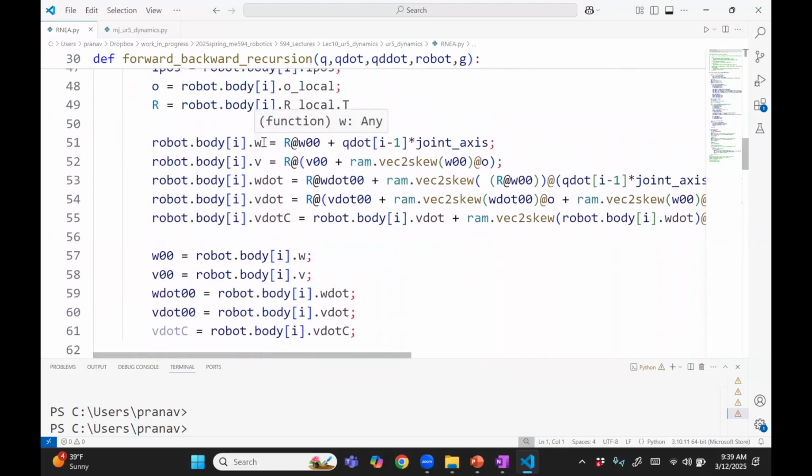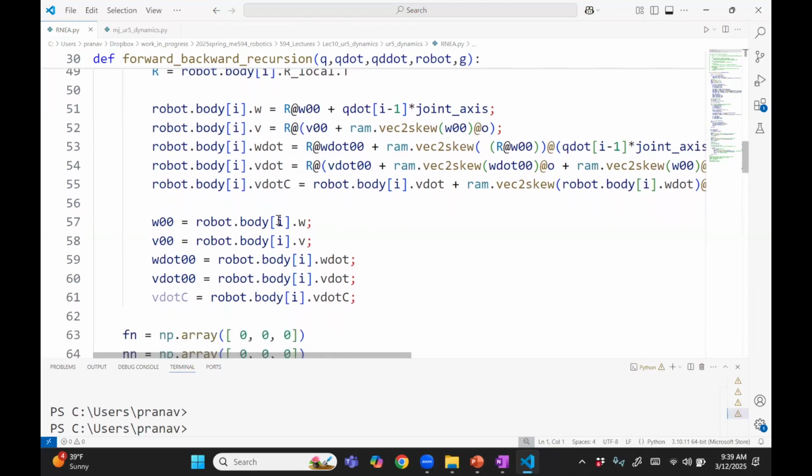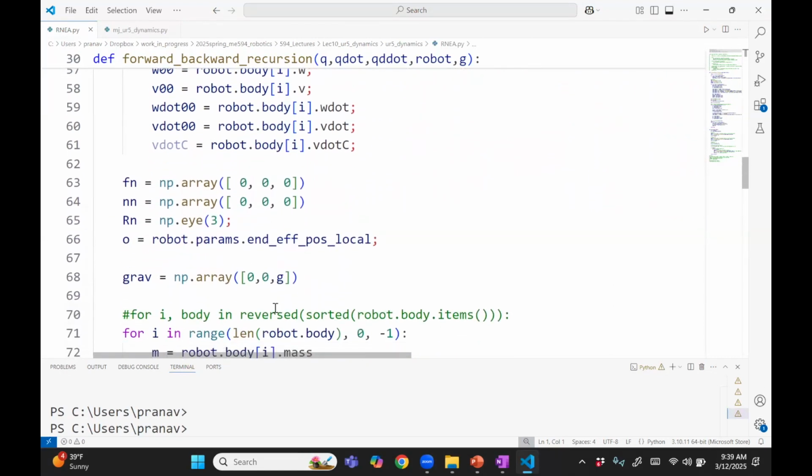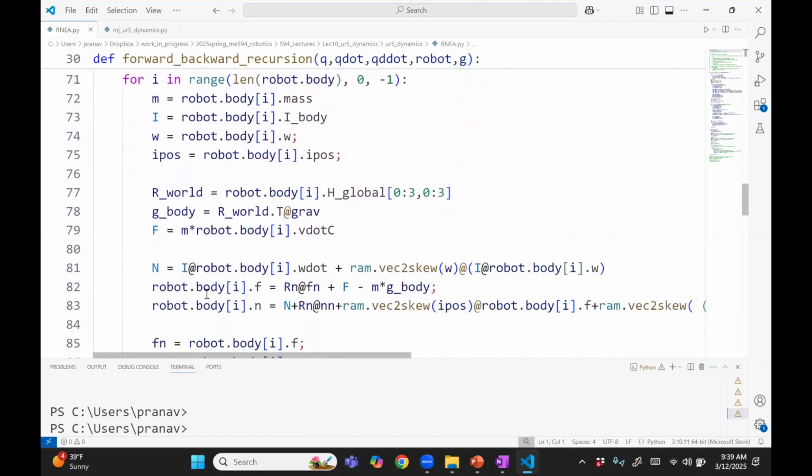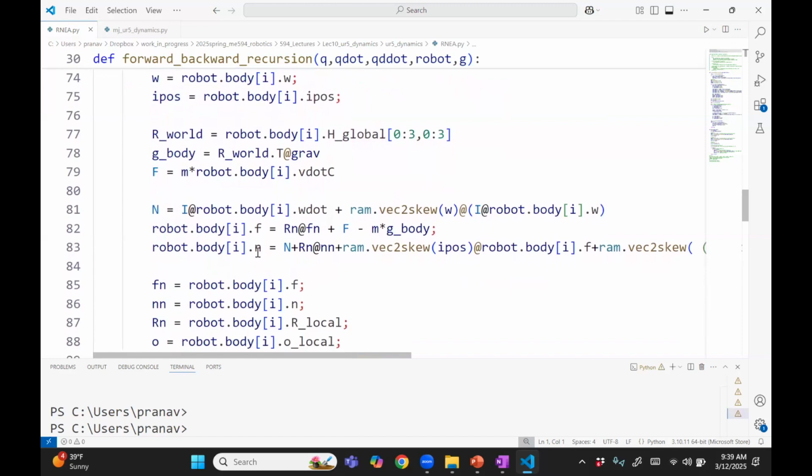So omega is w, linear velocity is v, omega dot is angular acceleration, v dot is linear acceleration, and v dot c is the linear acceleration of the center of mass. Okay, all that now goes into the backward recursion, which starts with the force of 0 and torque of 0, and you work your way backwards through the formula right here.